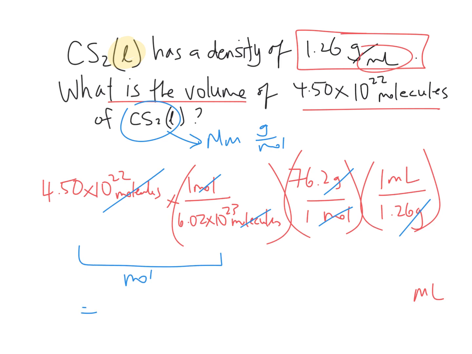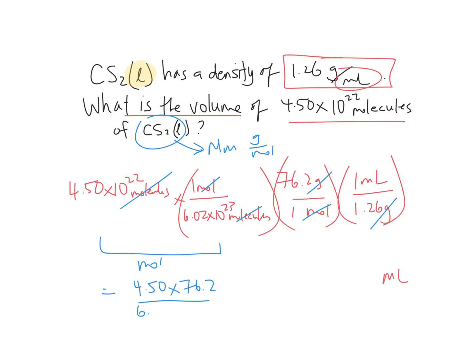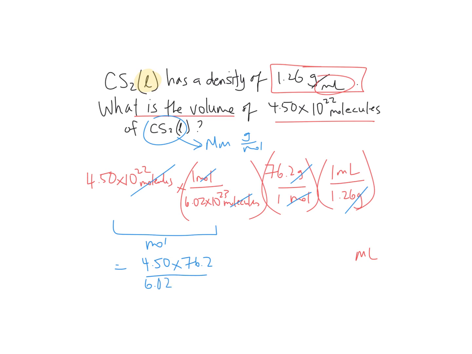So to do that whole thing, what I would coach you to do is multiply 4.5 times 76.2, divided by 6.02, times 1.26. Do that part, and then multiply that by, what do you got?